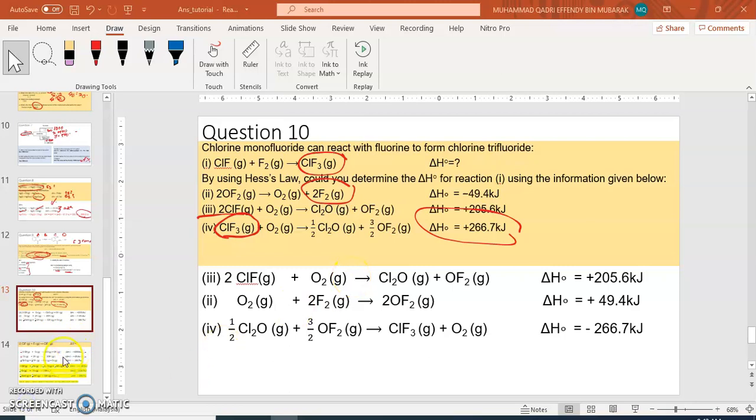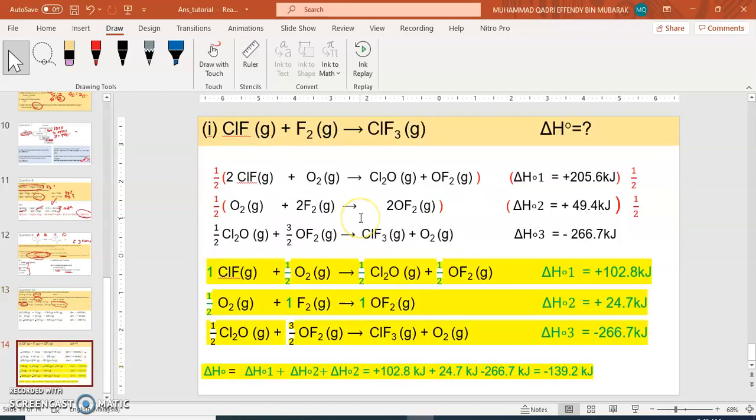Okay, and then for the next step, we know from our equation that we only have 1 mole of ClF, 1 mole of fluorine gas, and 1 mole of ClF3, chlorine trifluoride. So we need to slightly modify our equation.